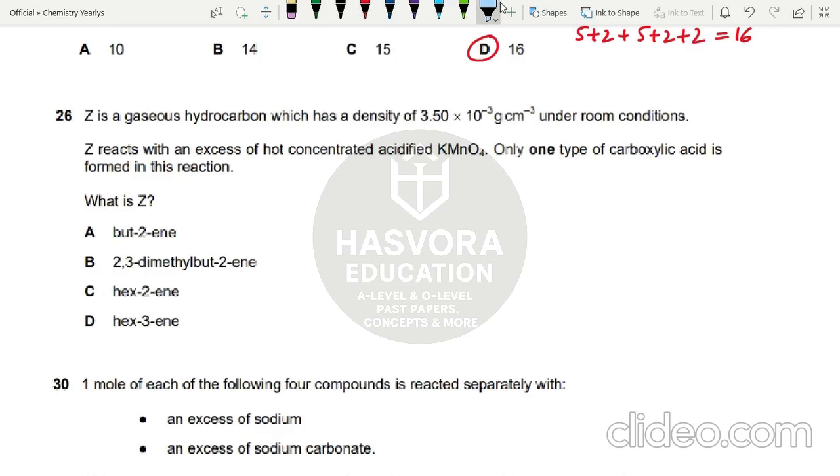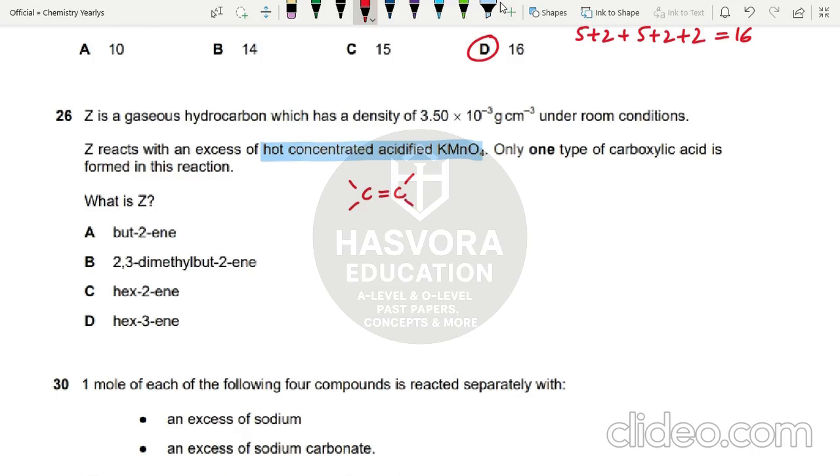Now can you just recall what this does? This breaks the carbon-carbon double bond in the alkene. So only one type of carboxylic acid is formed in this reaction. What this actually means is that the groups on either side of the double bond will be the same.